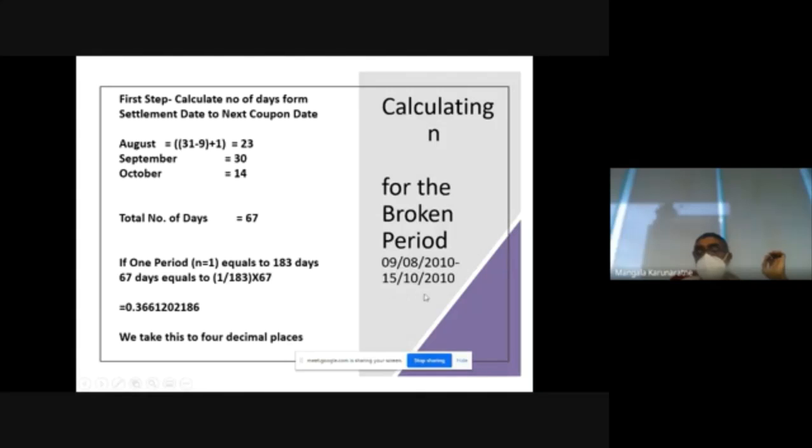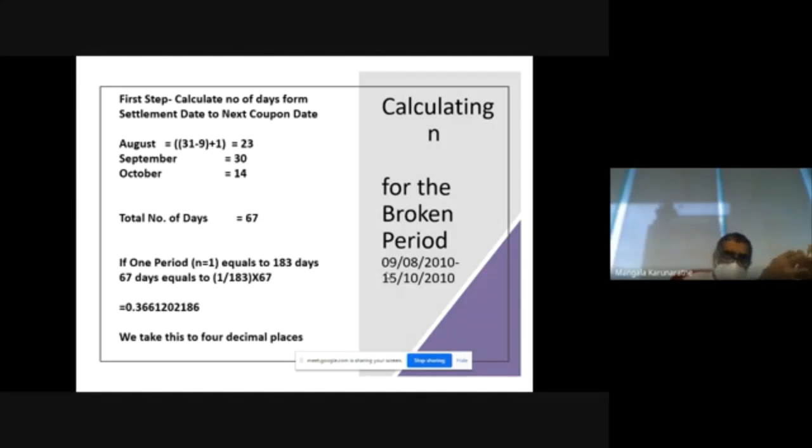9/8/2010 to 15/10/2010, right? Why is it important? Because this cash flow plus the other cash flows have to travel through that period to the present.